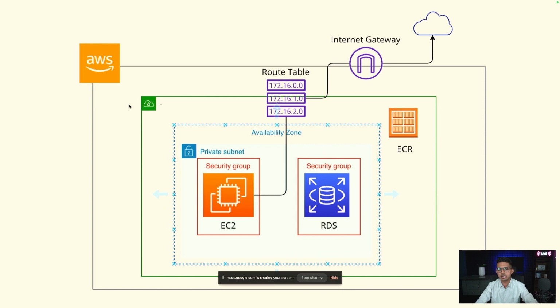Whenever I create an account and I create a VPC, in the entire AWS cloud, it creates a small portion and associates that particular portion to my account. So this is the particular VPC which I'll be booting up. Inside that VPC, I'll be booting a few availability zones.